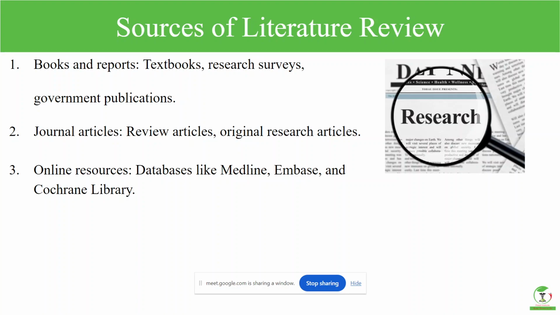So what are these books? It can be the typical textbooks. Okay. So for example, you're doing a study on the factors associated with hypertension, or prevalence and risk factors for hypertension. The risk factors for hypertension are documented in the textbooks. So some of the references you get from there.